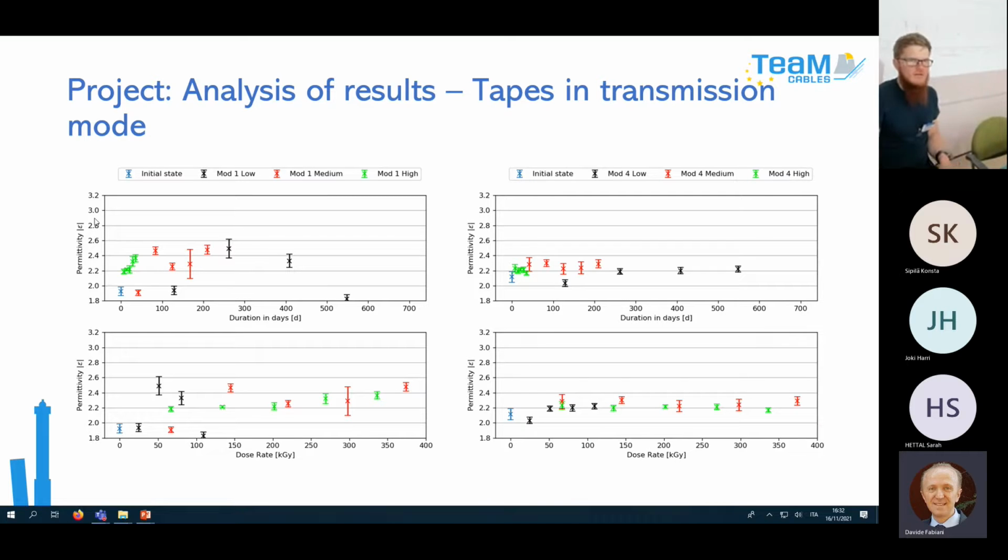On the left side, we can see initial state and modification 1. Just a reminder, modification 1 means this is pure XLPE, maybe with some antioxidants left over from the production, but mostly pure XLPE without any additional antioxidants or flame retardant. On the right side, we can see modification 4.